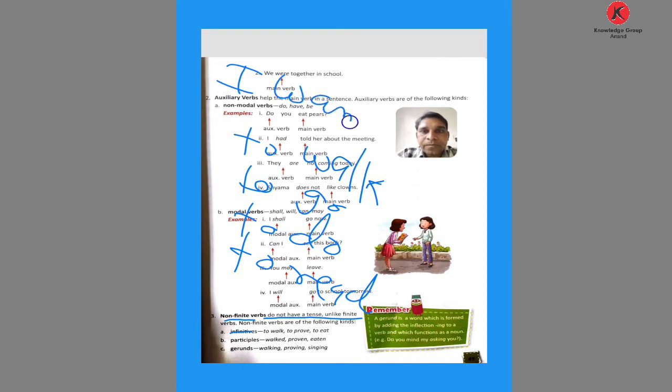Example: I want to talk with you. Want is the main verb, and after that to is used. So infinitive is I want to go, I want to do, I want to read. So this is the infinitive.